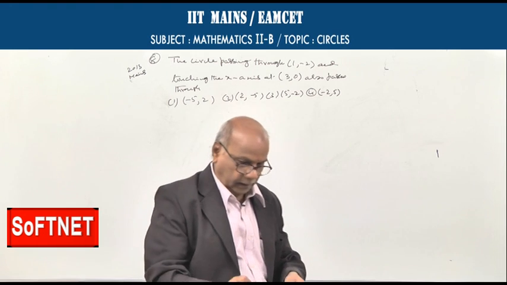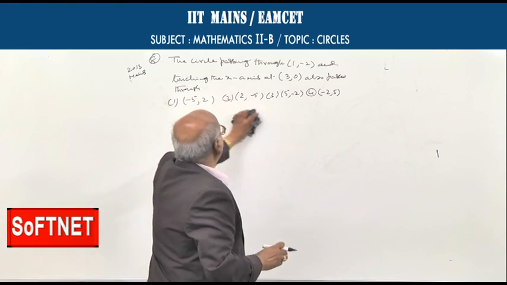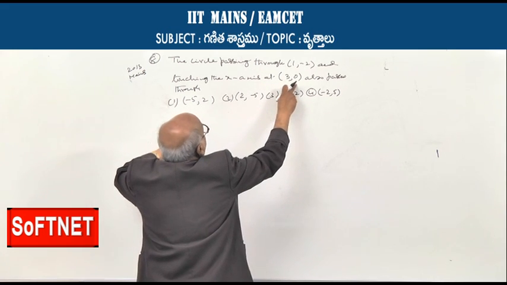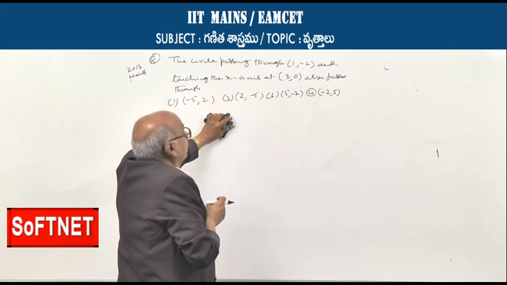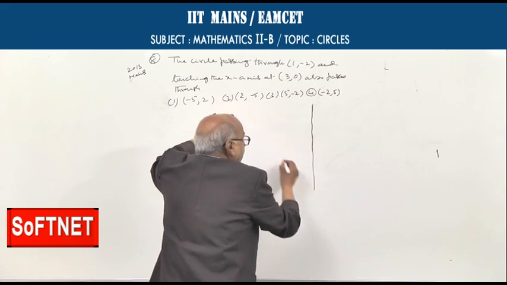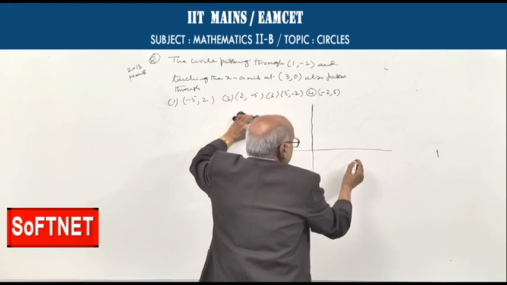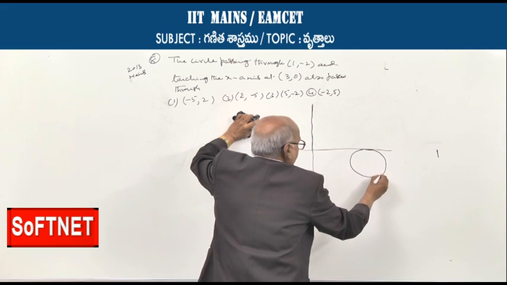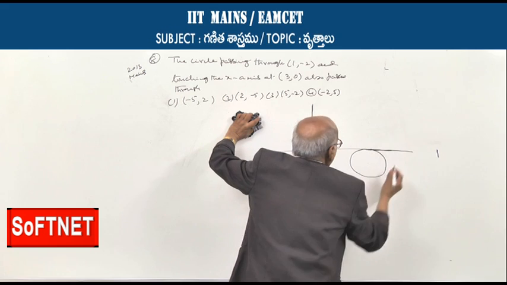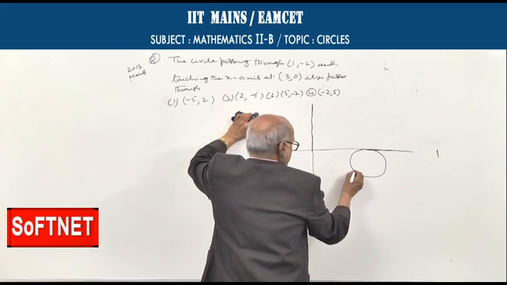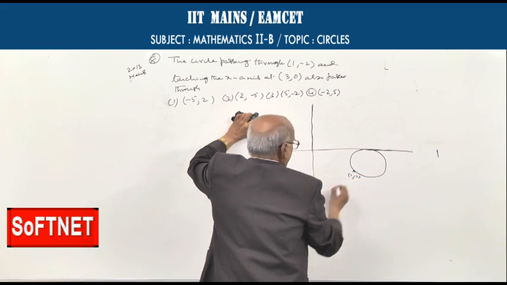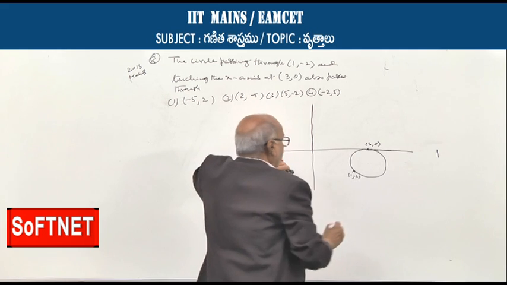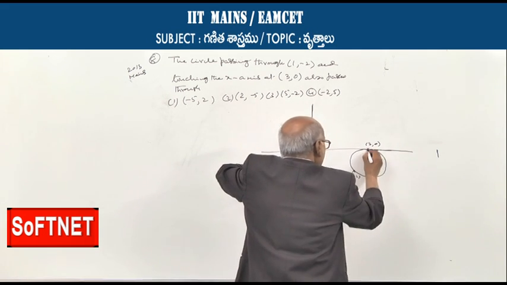Right. And you know that the circle passing through 1 comma minus 2 and touching the x-axis at 3 comma 0 indicates that the circle is in the fourth quadrant. So suppose this is the radius.